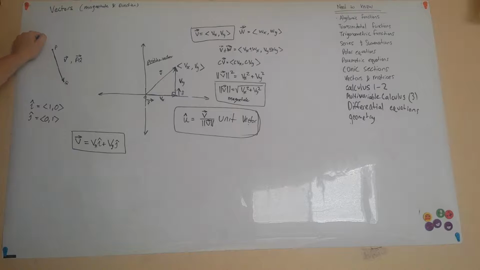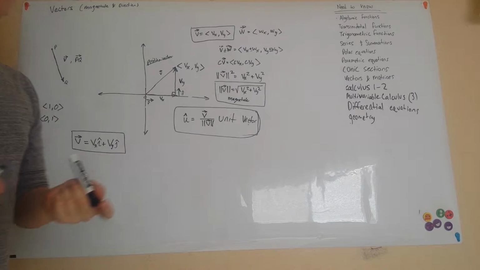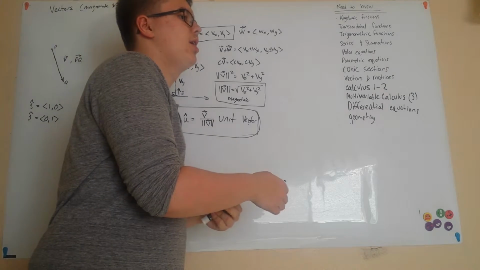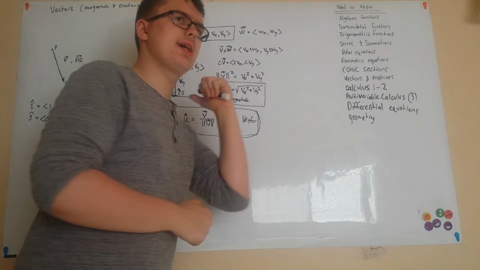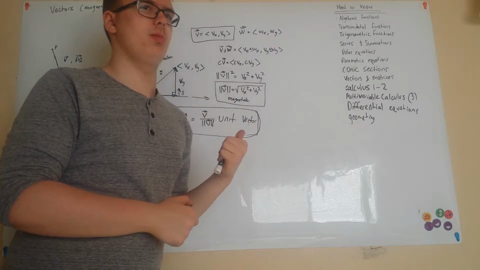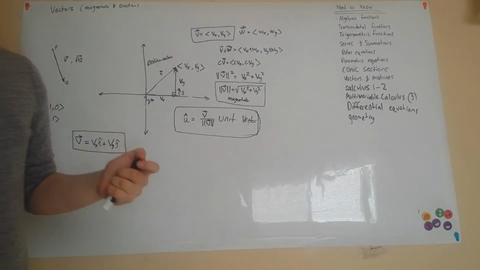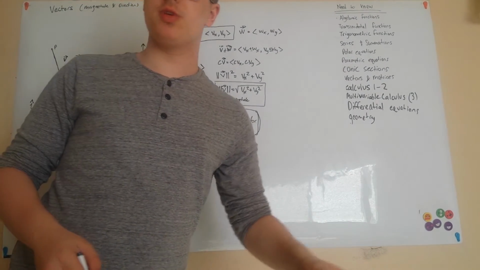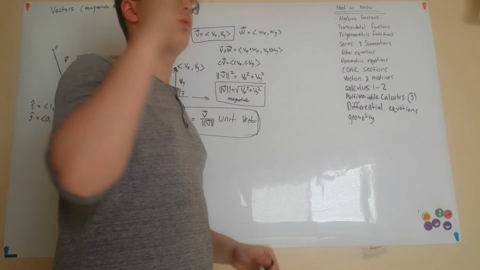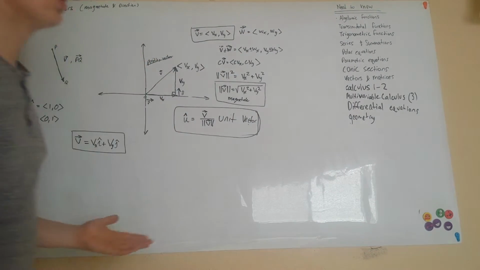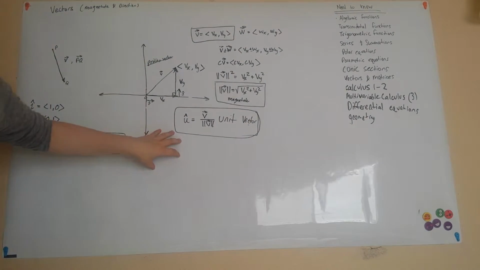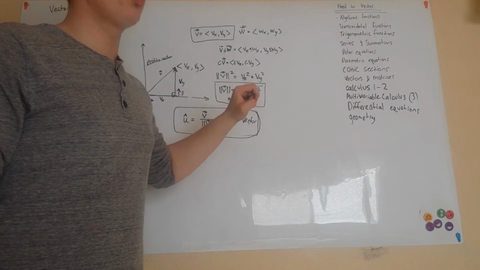Because vectors are important in describing, if I'm moving at a certain speed, I'm just knowing the scalar, like how fast I'm moving. If I want to know my speed and the direction I'm moving at, then we need the vector. That's why it's useful to understand vectors before you try to do physics.